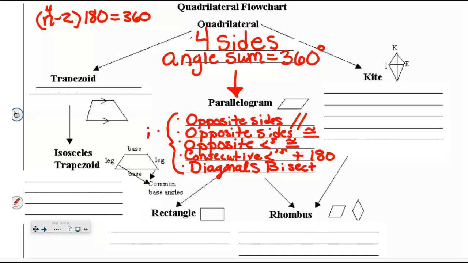Write the word if, because this is actually what 6.3 is. 6.2 was if it's a parallelogram, this property, this property, this property, this property, this property. Today's is if you can get these properties, then it's a parallelogram. So I'm going to just do that. I think I just covered all of the notes. The only thing I want you to add down here is one more little bullet.